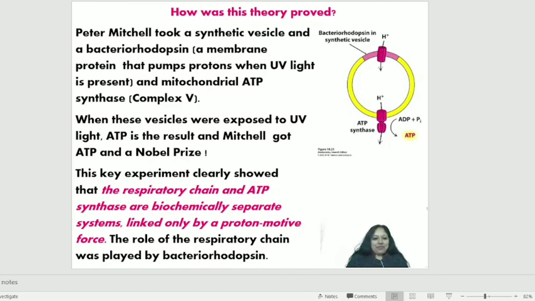This key experiment clearly showed that the respiratory chain and ATP synthase are biochemically separate systems. This is a key point. The respiratory chain means the overall electron transport chain having the complexes. These complexes are involved in electron transfer and also proton pumping.